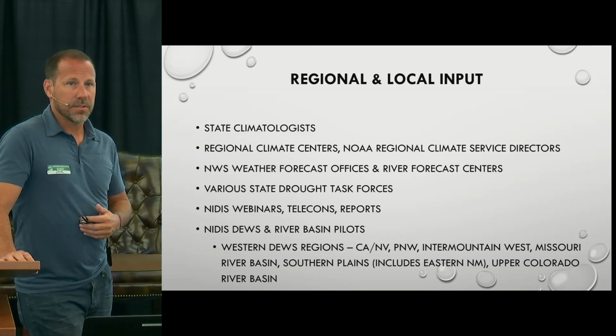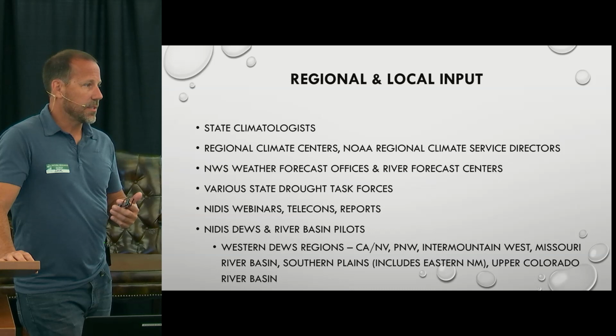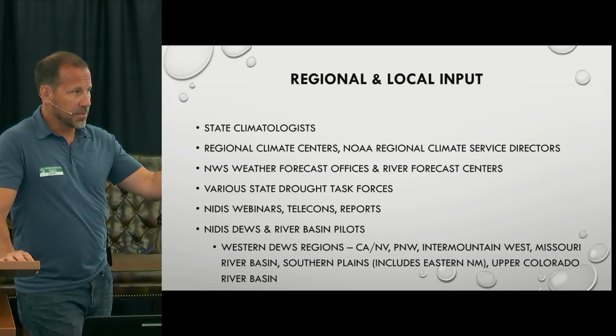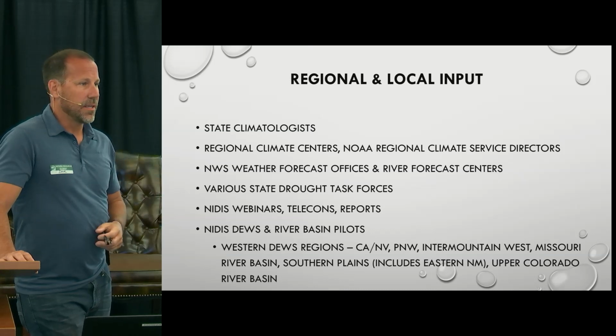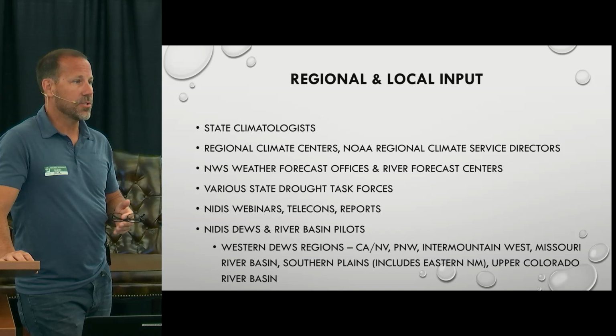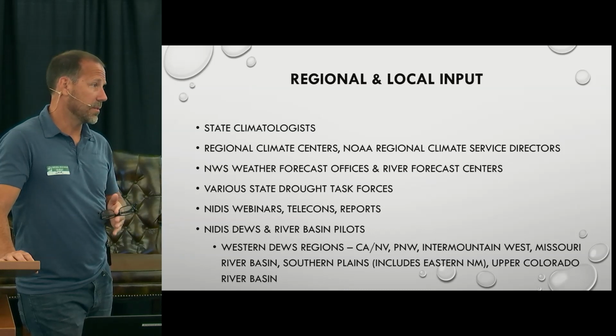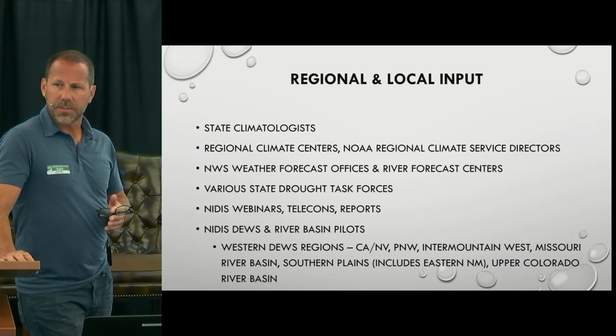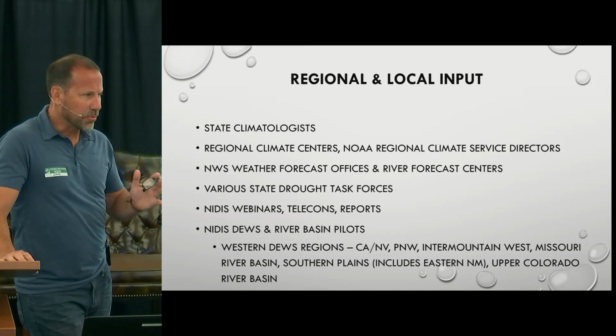There's input that gets distributed through a lot of the NIDIS webinars that Elizabeth and some of the other NIDIS Drought Early Warning System regions hold, about 3 times a year, maybe a little bit more.